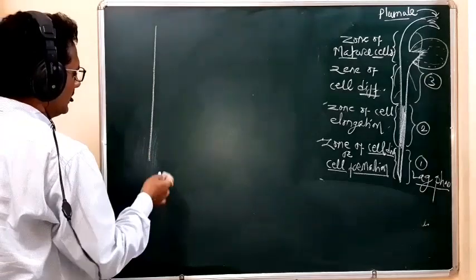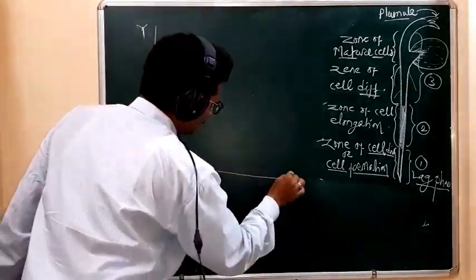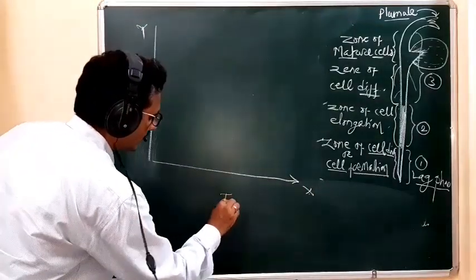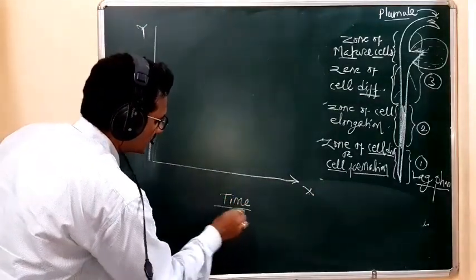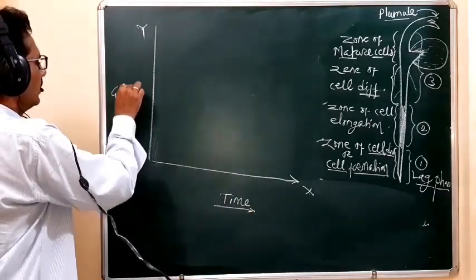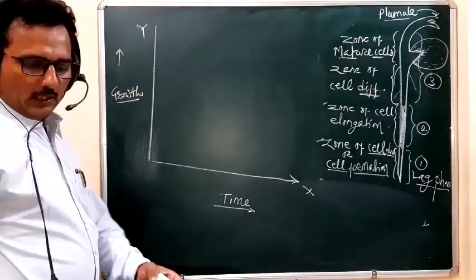This is the y-axis and this is, as usual, the x-axis. Let's take time on the x-axis and growth on the y-axis.